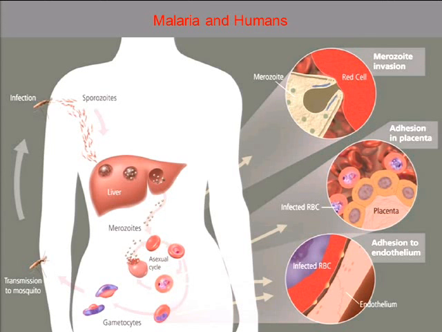After the merozoites have escaped, they go into what's called the red blood cell stage. At this point, the merozoites are shed from the liver into the circulation, where there's an abundance of red blood cells. And so essentially what's happening is the merozoites are going to infect those red blood cells.